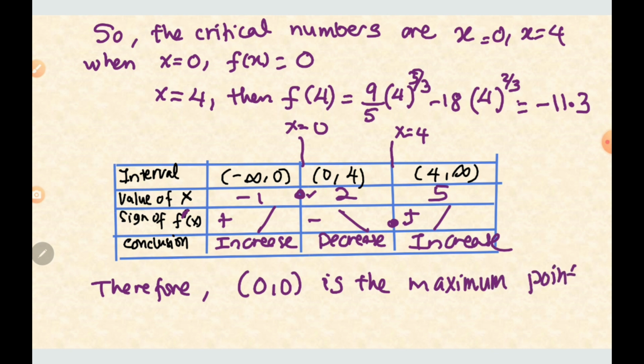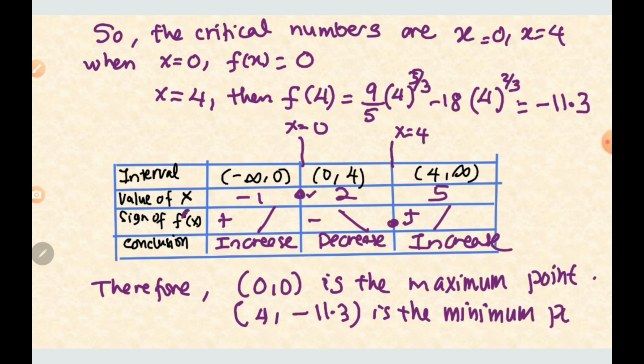Okay, and the point (4, negative 11.3) is the minimum point. Okay, so this is our conclusion.